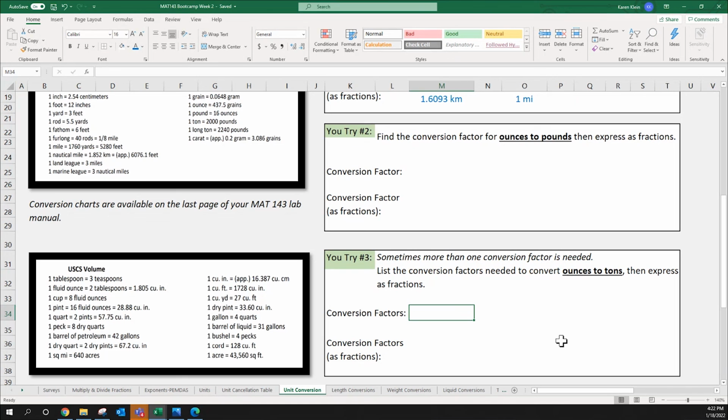I see here that Stephen has posted, well, we know that 1 pound is equivalent to 16 ounces. And we also know that 1 ton is equal to 2,000 pounds.